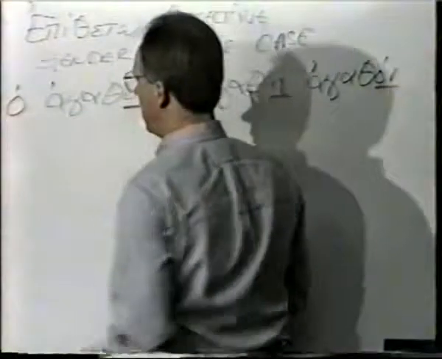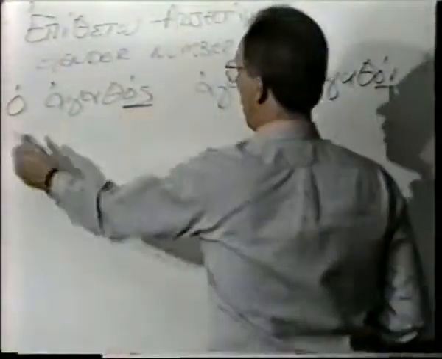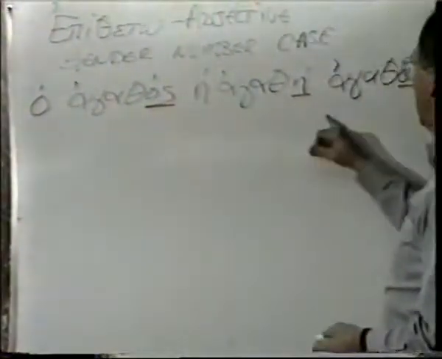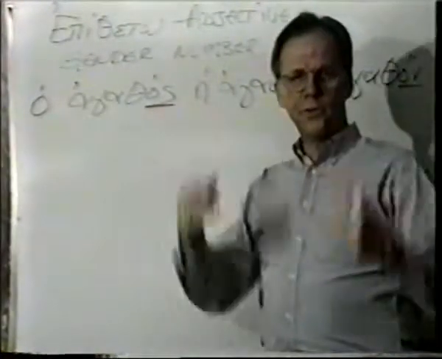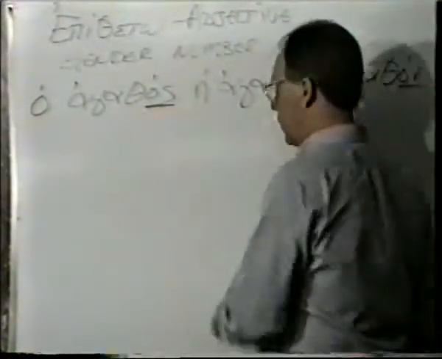The article is the same as we learned with the nouns. O agathos, i agathi, and to agathon. Now we're going to run through this whole thing as we did with the noun and show you how it works together.